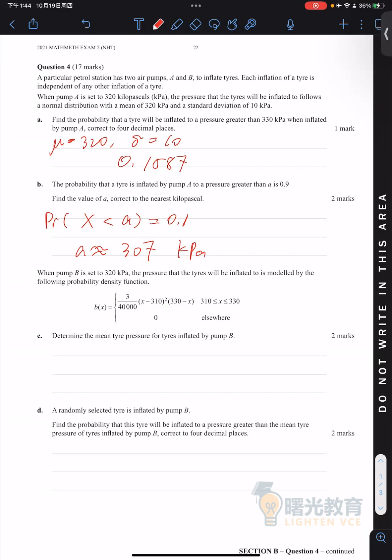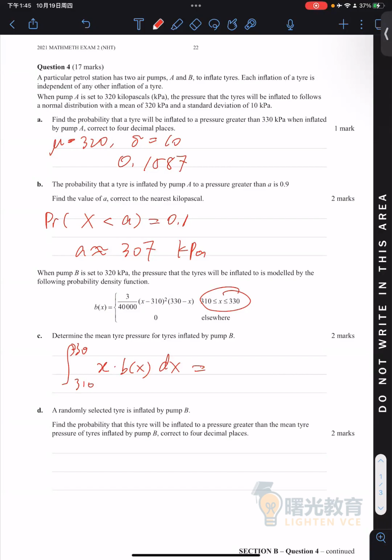And now pump B is set to 320 kilopascal. The pressure that the tire will be inflated to is modeled by the following PDF. So by the given PDF, we will focus on the equation and also the domain. When we determine the mean tire pressure for the PDF, we will look for the definite integral over the domain of the variable times its PDF, dx.